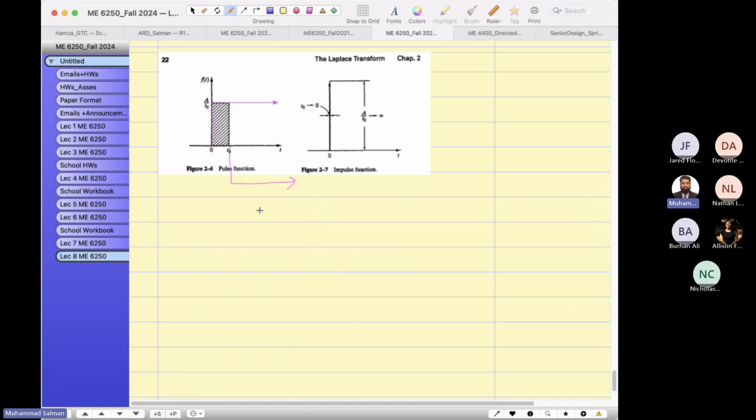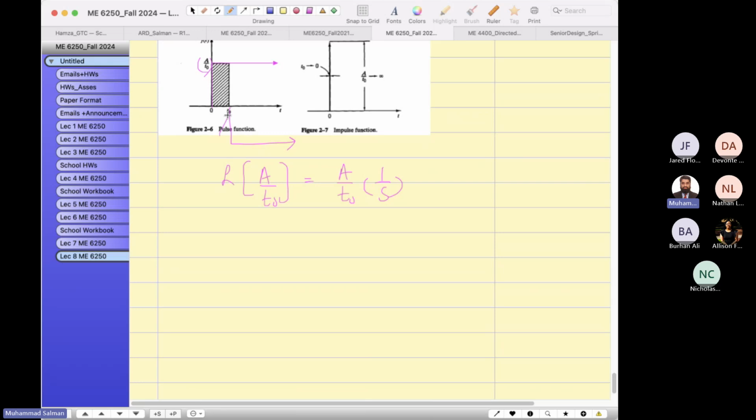So what is the step value? What is the Laplace transform of the first, a over t0? You will tell me, Professor, this is a over t0, 1 over s. Agreed? This value is a little smaller, but this is given here. How about when it has been delayed by t0?